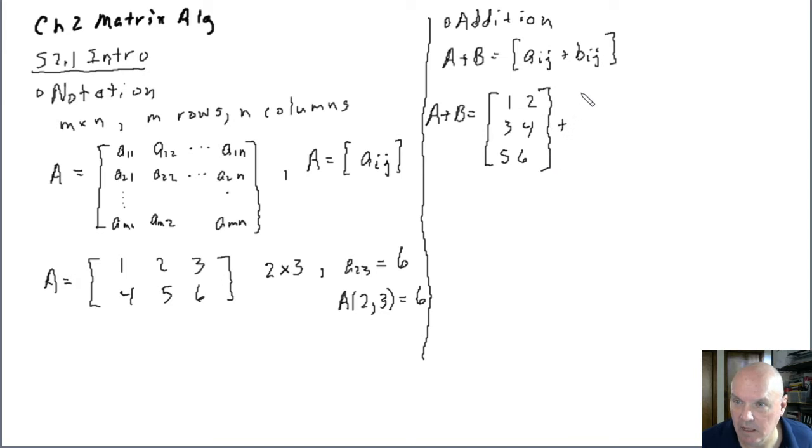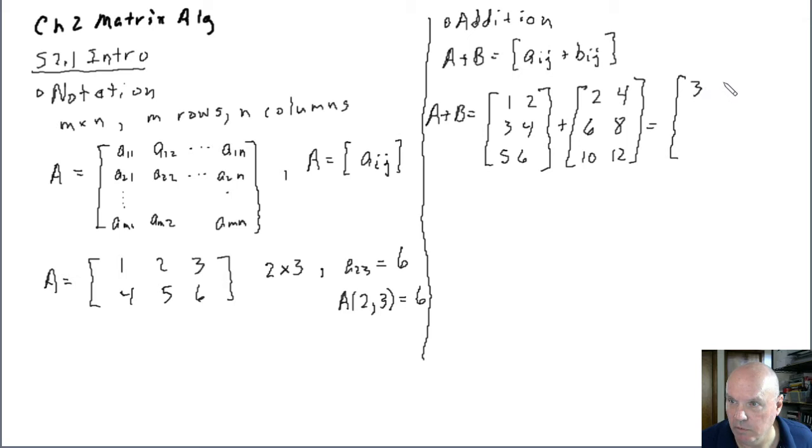B has to have the same number of rows and columns to be compatible for addition. Otherwise, we can't add the two matrices. And then for the corresponding result, I just add the corresponding elements. So 3, 6, 3 plus 6 is 9, 4 plus 8 is 12, 5 and 10 is 15, 6 and 12 is 18. So pretty simple. Just add the corresponding elements of the two matrices.